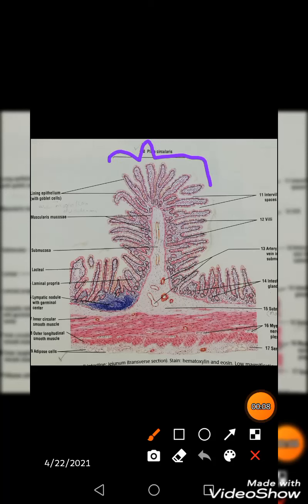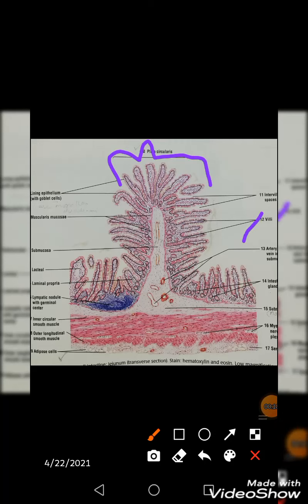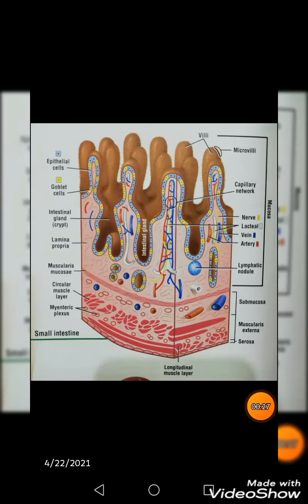I want to show you that the mucosa of the small intestine is covered by another characteristic velvety appearance of finger-like projections, called villi, which are 1 millimeter in length.